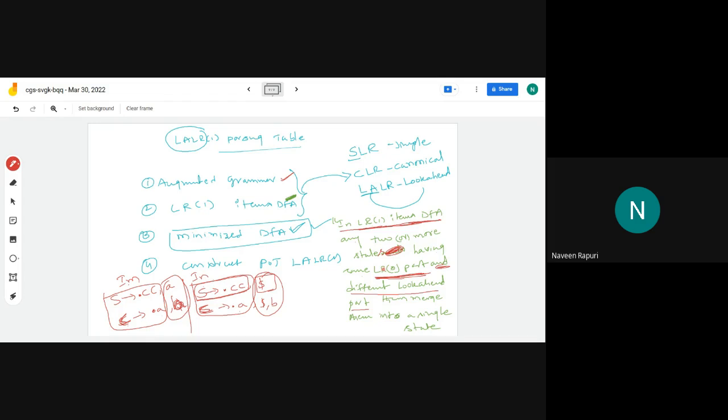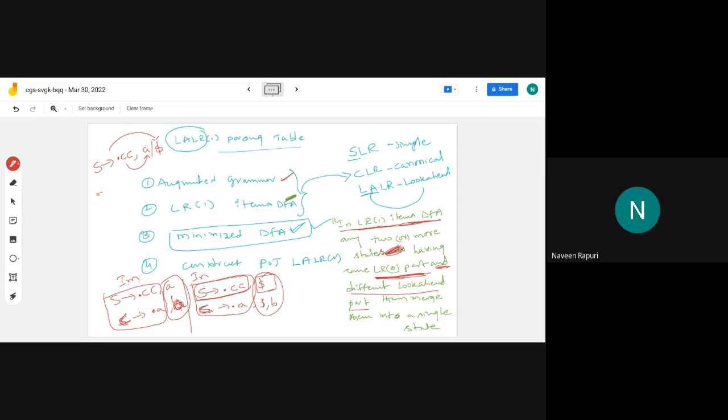Then we can merge. How can we merge? S derives dot CC comma a slash dollar. That means S derives dot CC can take the look ahead symbol a, or it can take the look ahead symbol dollar.